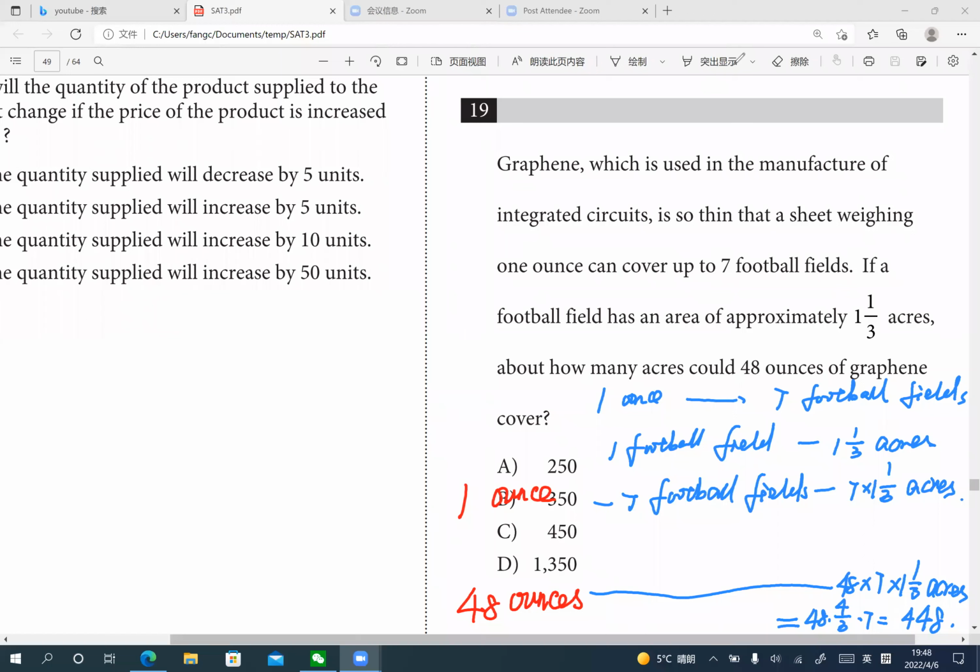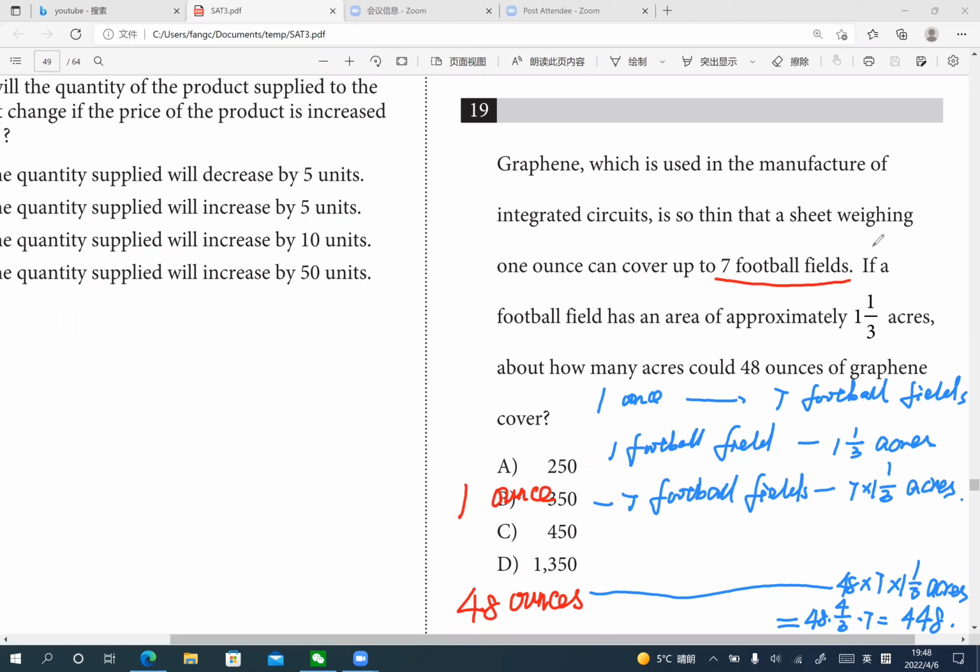Question 19. Graphene, which is used in the manufacture of integrated circuits, is so thin that a sheet weighing 1 ounce can cover up to 7 football fields.